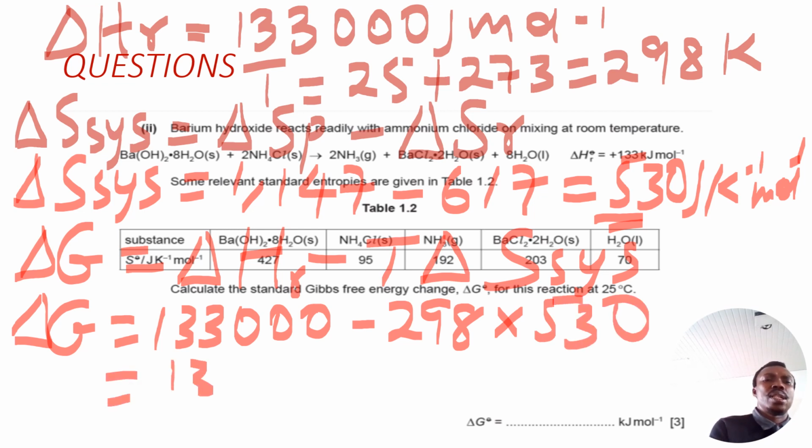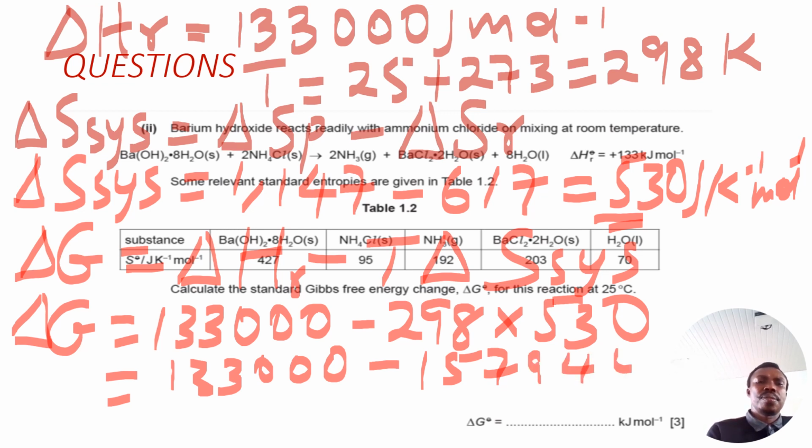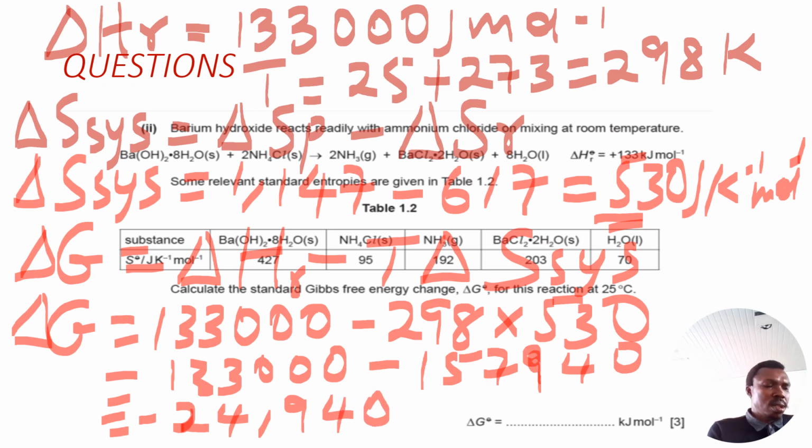So it will be 133,000 minus 298 times 530, which is 157,940. So the standard Gibbs free energy change is 133,000 minus 157,940, which will be equal to minus 24,940 joule per mole.